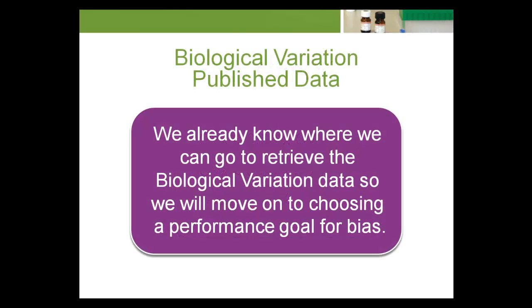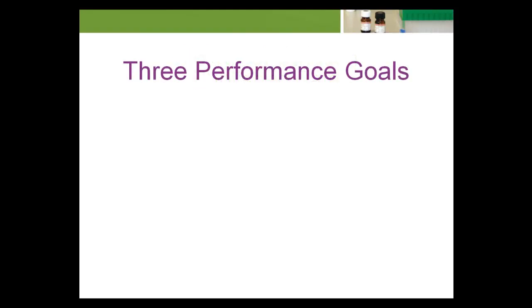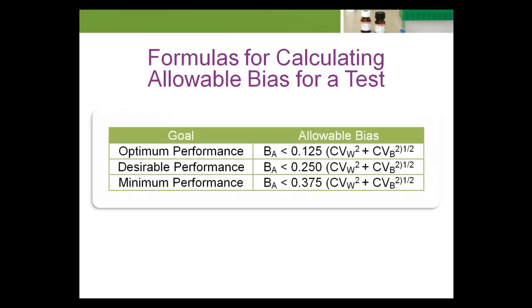We already know where we can go to retrieve the biological variation data, so we'll move on to choosing a performance goal for bias. We have the same three performance goals to choose from for our bias goal: minimum, desirable, optimum. Using formulas suggested by Dr. Fraser, allowable bias is calculated as shown, where BA represents total allowable bias, CVW represents within subject biological variation data, and CVB represents between subject variation.